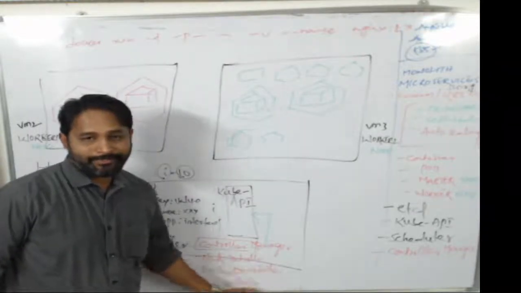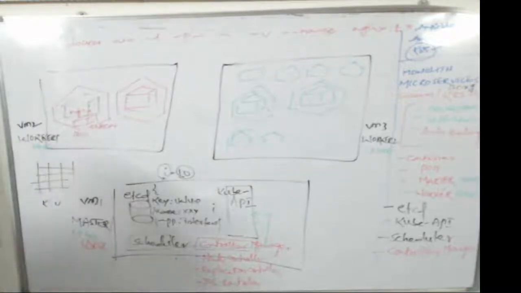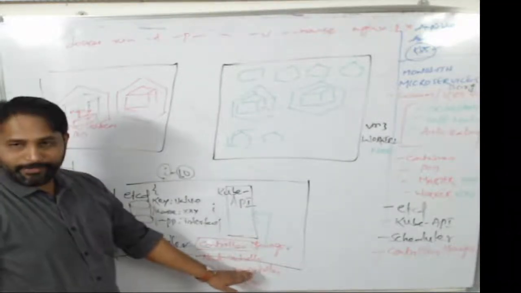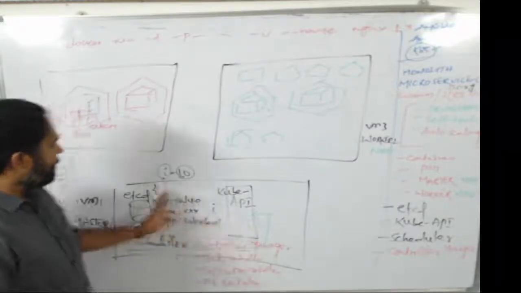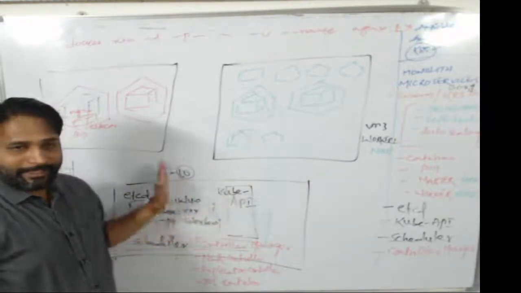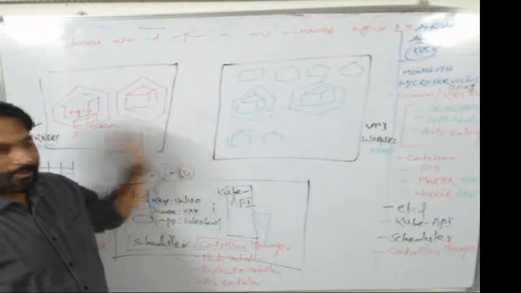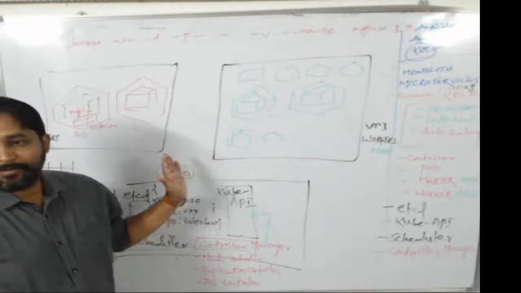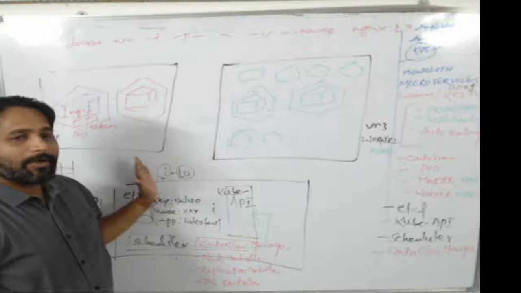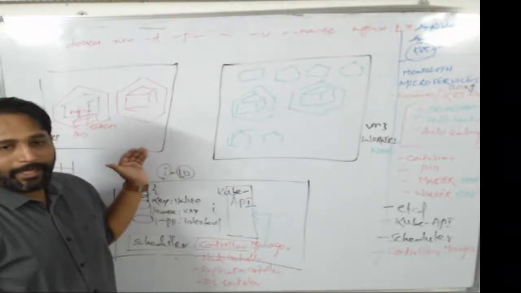So the manager is managing these controllers. Each controller has a definite purpose. For example, node controller, if you take a simple one, it controls all the nodes. It checks whether all the nodes are functioning or not, all the nodes are reachable or not. If any of the nodes is not reachable, it will try to make a corrective action.